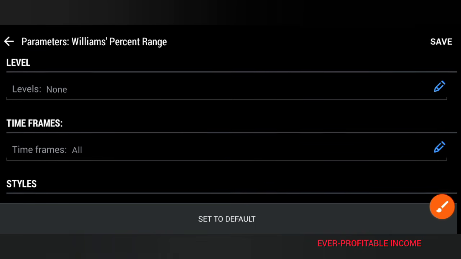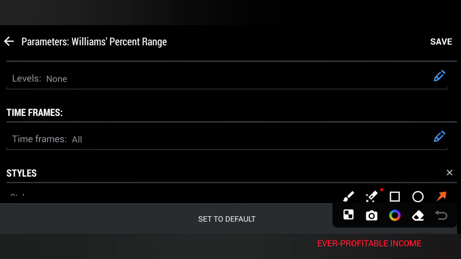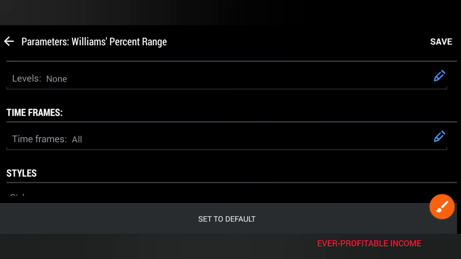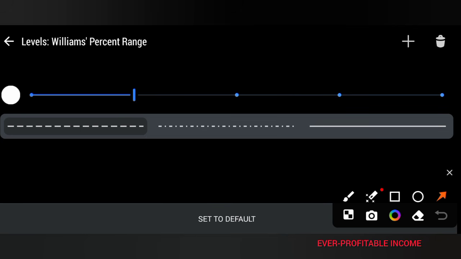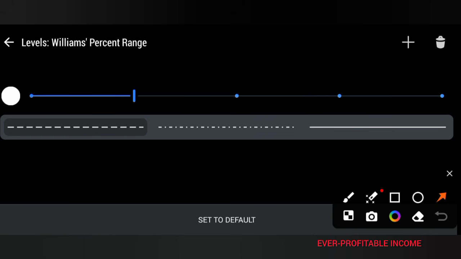Okay, so the levels, yours is going to have some levels here. So all you have to do is click on the pen icon, then it will open up the next interface, which is here, and then you click on delete. Just delete it. We don't need the levels. You have to remove it so you'll be able to identify the levels you are working with.